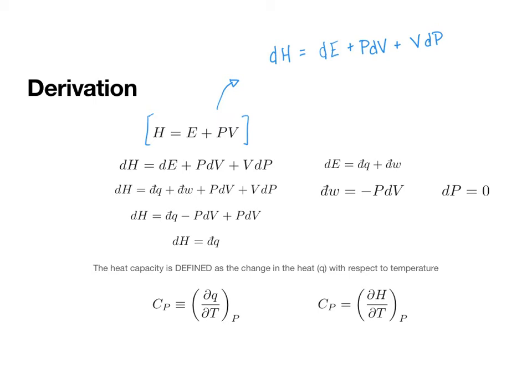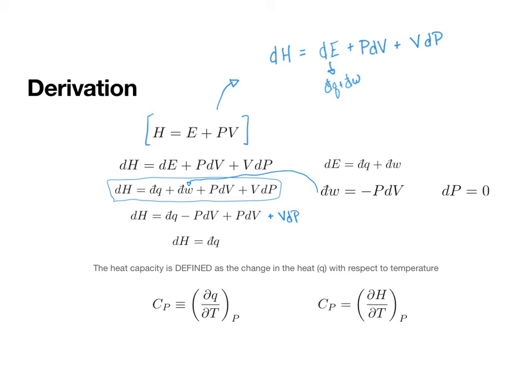And then we can substitute in our first law of thermodynamics, where dE is equal to dQ plus dW. And so we get this relationship here. And now we can go one step further, and what we're going to do is plug the definition of dW into dH, and we get that dH is equal to dQ minus PdV plus PdV plus VdP.